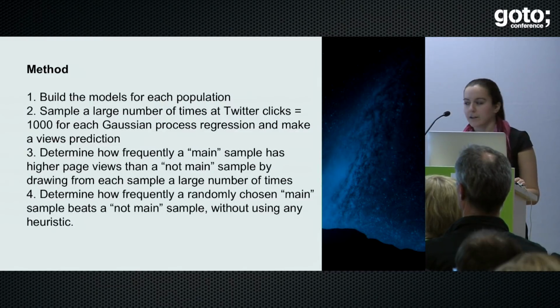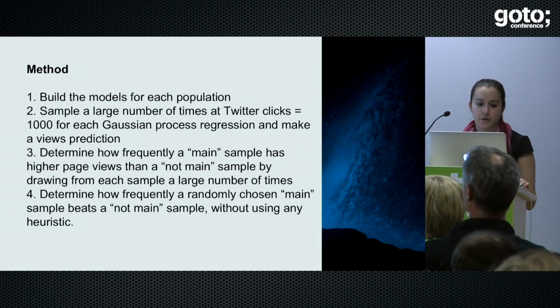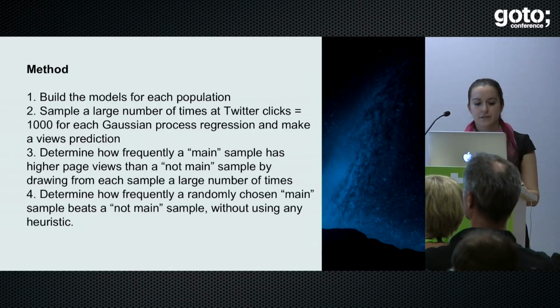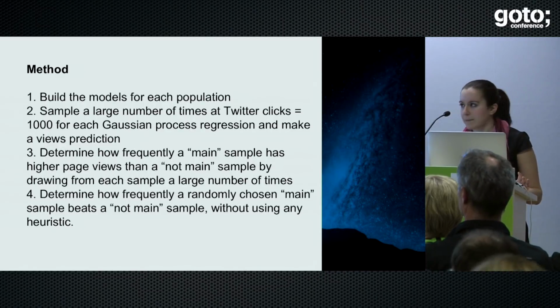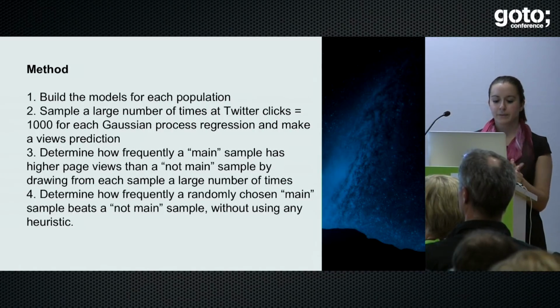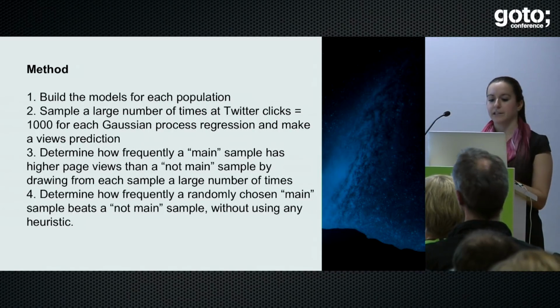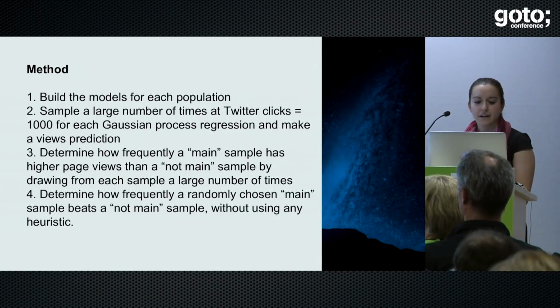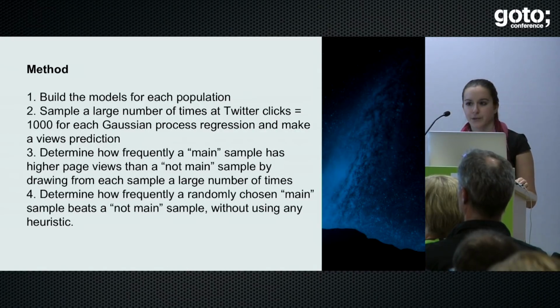So how do we actually figure out what's going on here? The method I used was to first build the models for each population, which you just saw in the previous slide. The next thing we want to do, something that Gaussian process regression is really great at, is sample a large number of times at Twitter clicks equals 1,000 for each of these regressions and make a prediction for views based on that sampling.